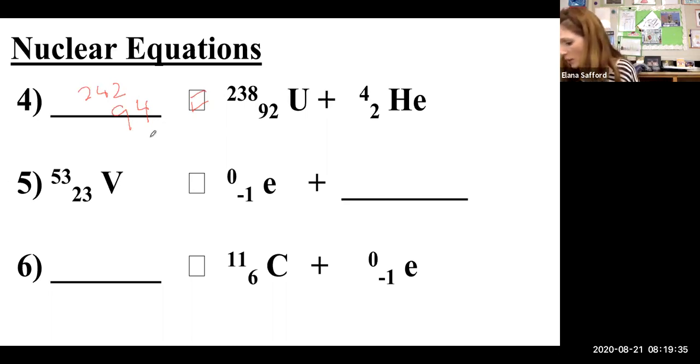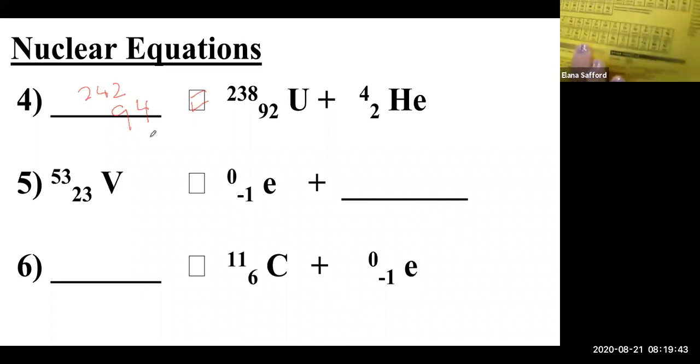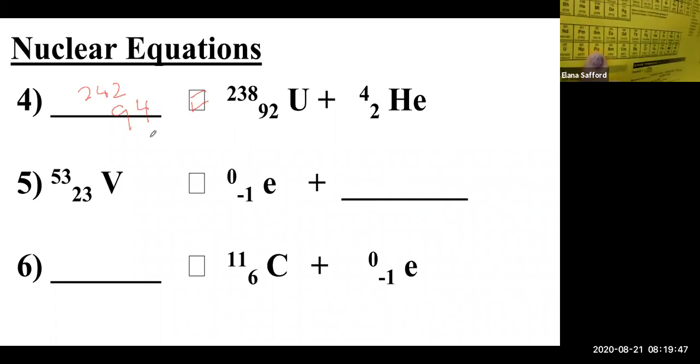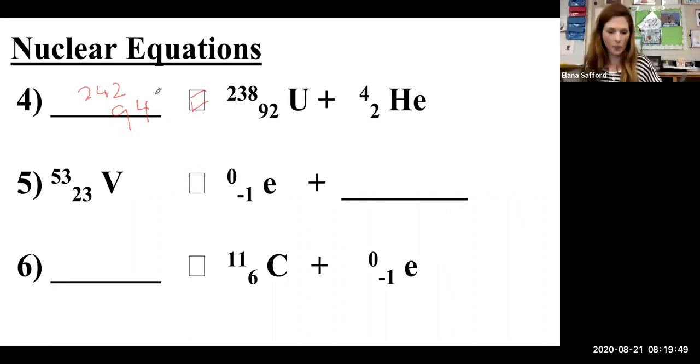This is not U anymore, okay? That's not uranium. We need to find 94, and that is plutonium, number 94. That's plutonium, Pu.